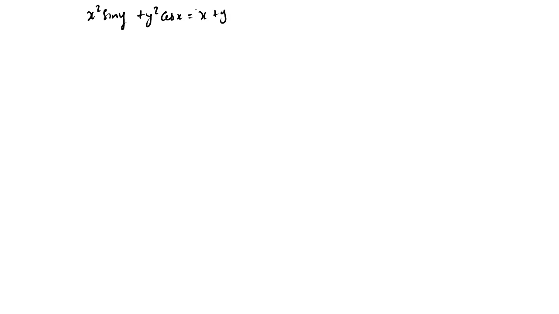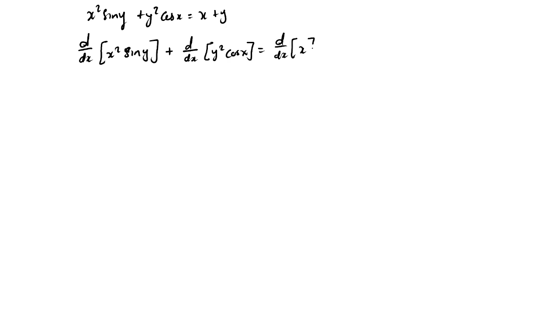What did I say? First step, you need to take the derivative of each term. So we have d over dx of x squared sine of y plus d over dx of y squared cos x, which is equal to d over dx of x plus d over dx of y.